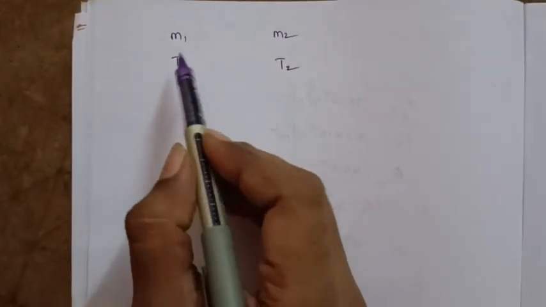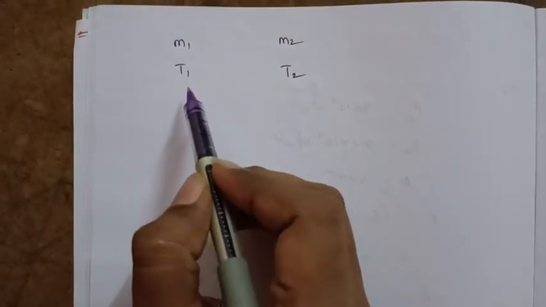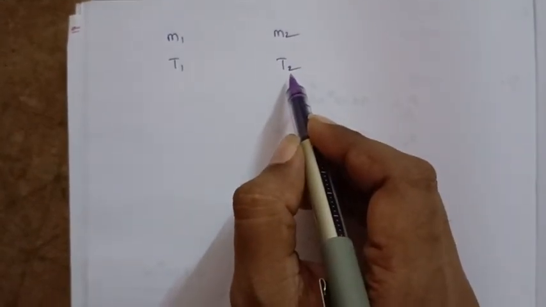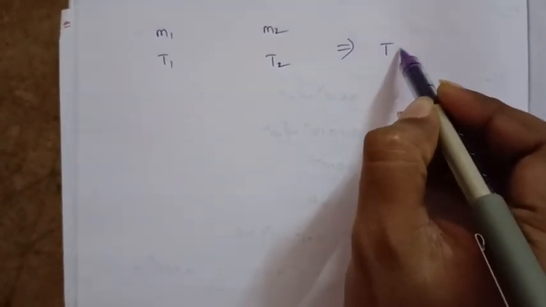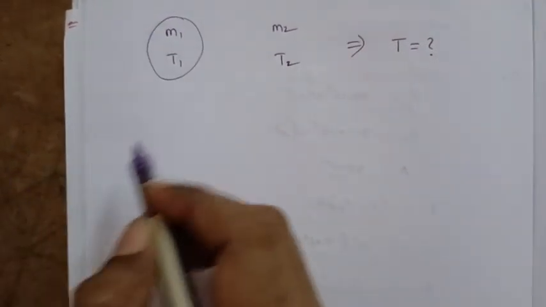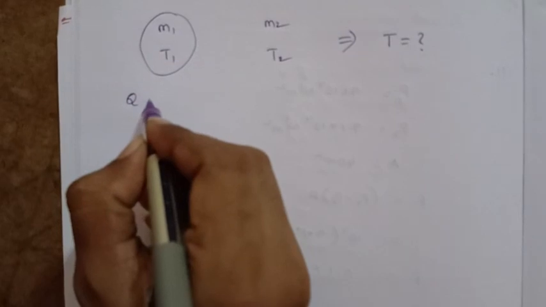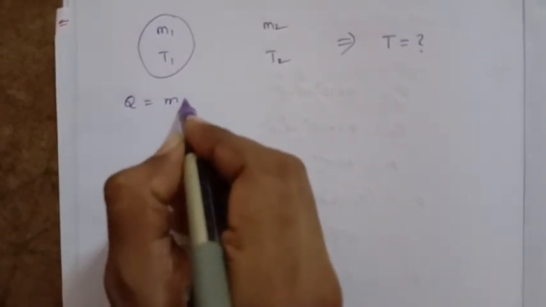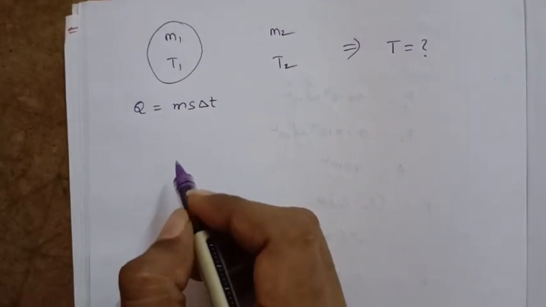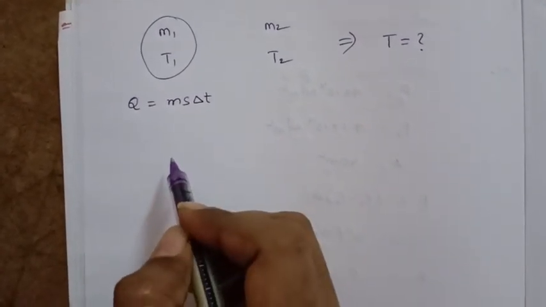Now, the mass of the hot body is m1, the mass of the cold body is m2, the temperature of the hot body is T1, and the temperature of the cold body is T2. After mixing, the resultant temperature is T, which we are going to find. The hot body loses heat energy. Q equal to m s delta T is the formula for heat.